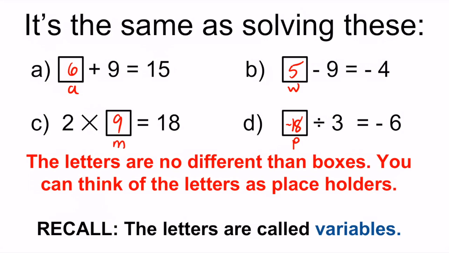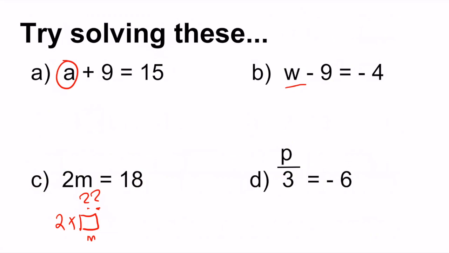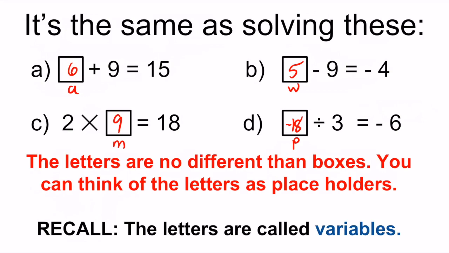So when you see algebraic expressions, you can think of these letters as placeholders, or really just boxes. And letters don't always represent just a placeholder. Sometimes letters like pi represent something legitimate, 3.14 and so on. Or sometimes in physics, we use the letter E to represent some constant value. But in this case, when we're talking algebra, we just use letters as placeholders or boxes.